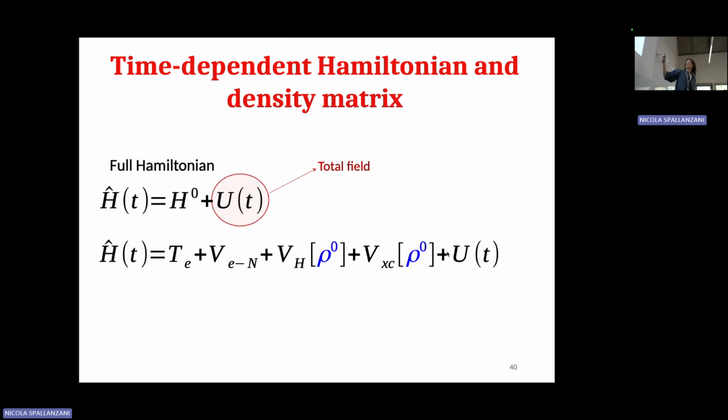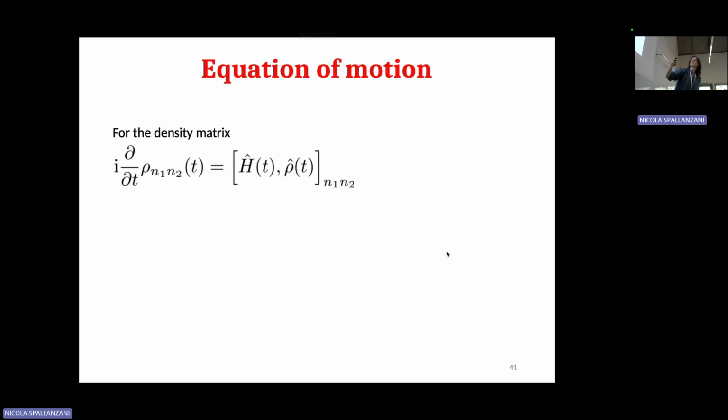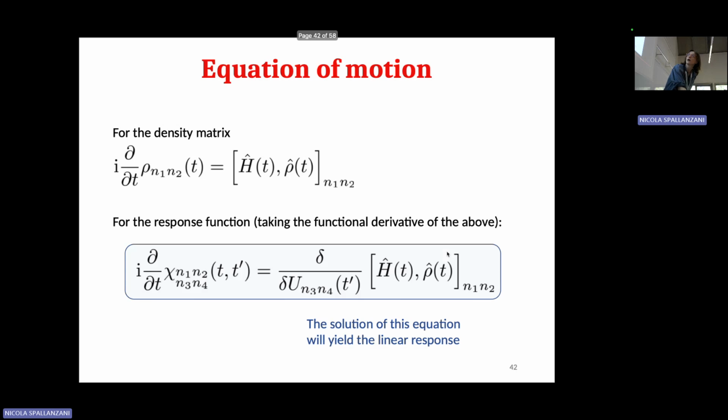So we apply the total potential, and we write the equation for the evolution of the density matrix, expanded in the basis of the Bloch states of H0.